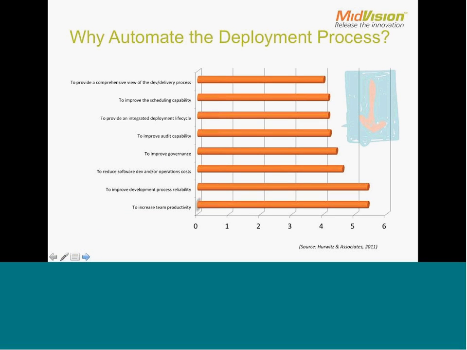This slide is also from the same report, and this one talks about why people chose to automate the deployment process in the first place. And what we often see with our customers is that they often find it difficult to put together an automation project that stands alone, but when they have other projects, things like building a platform as a service or a PaaS, and perhaps re-architecting an environment to a new platform, moving off premium products like WebSphere to JBoss or open source environments, those kind of things often trigger the move to implement an automation tool for application release management.